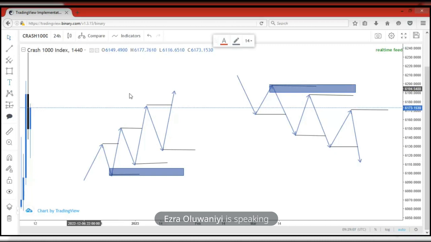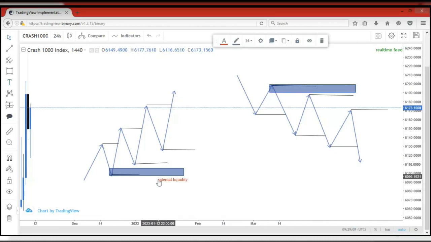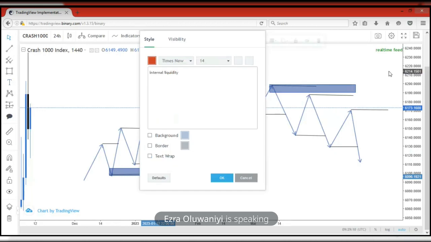Okay. Buy structure, and then we have a sell structure. Very important.